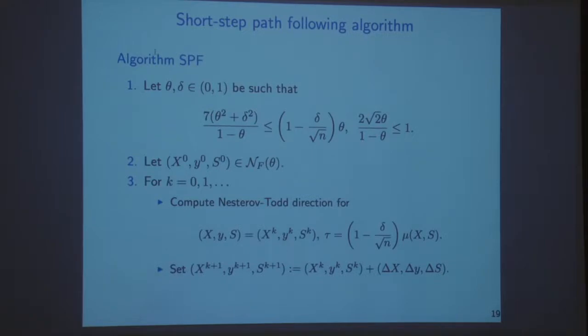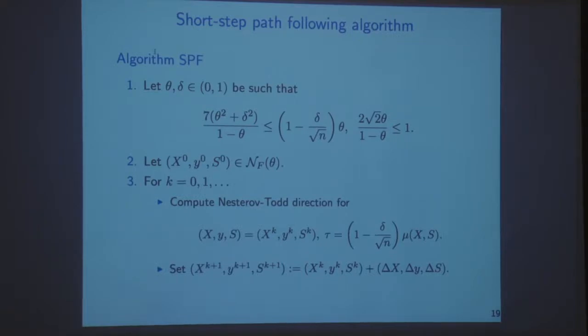One of them defines how close we stay to the central path. The other one defines how fast we decrease tau. And then we start with an initial point that is in the neighborhood of the central path, and at each point, we update. And we update with something that is like a Newton step. Okay? It's a Newton step.